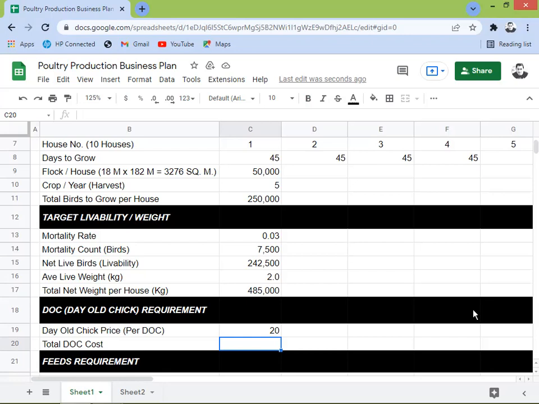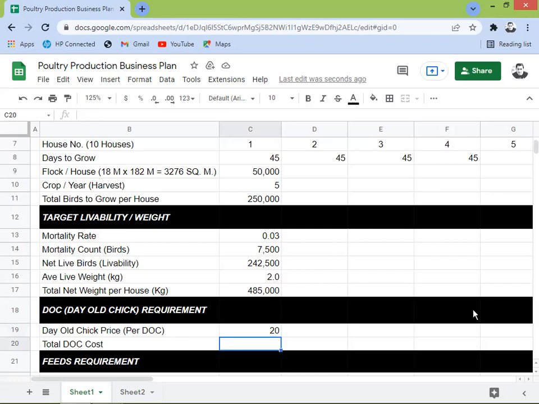You could have different figures, for example, 30 rupees, 25 rupees, or even cheaper, let's say 15 or 18 rupees. Whatever you have in actual, you use that. You just copy the system that I'm using in planning the business, but in terms of the figures, you find your own right figures.